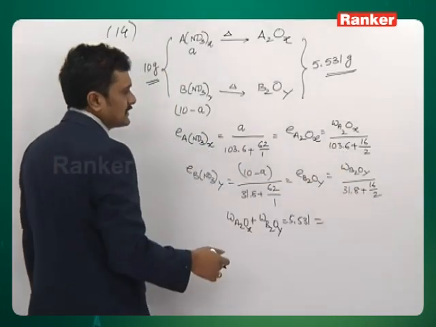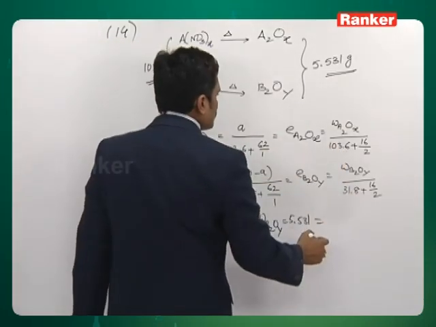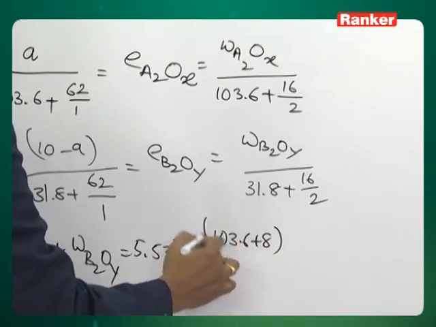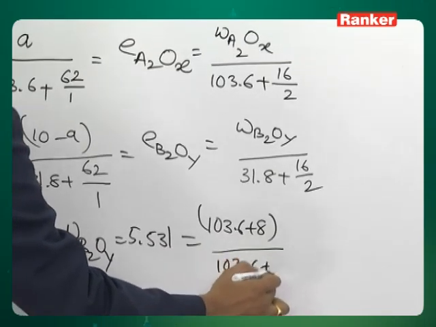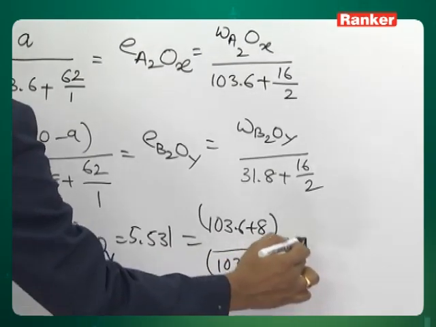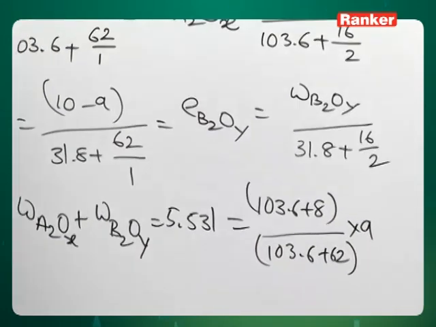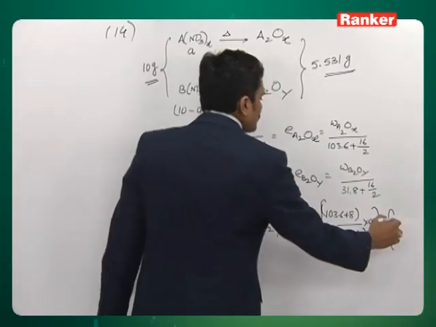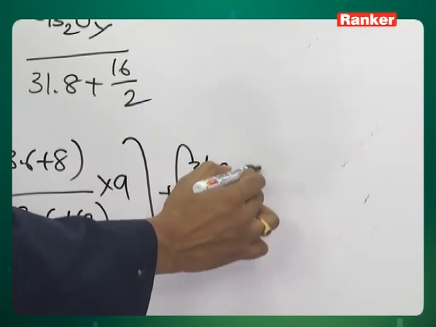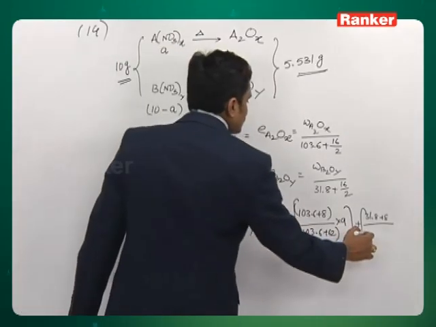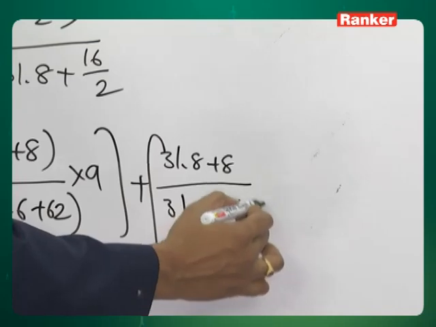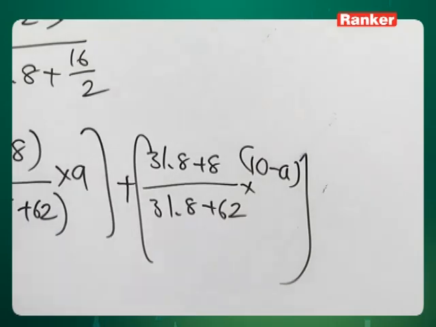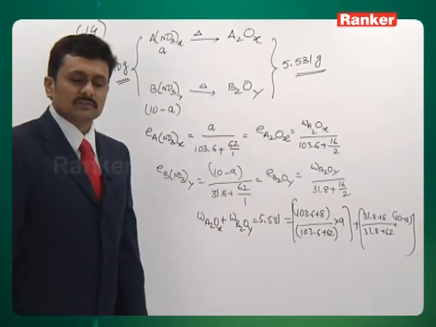Now when I multiply and simplify this, I'll be getting this over there. I can simplify this: 103.6 plus 8 divided by 103.6 plus 62 times A, this is the weight of A2OX, plus the weight of B2OY, you can see, 31.8 plus 8 upon 31.8 plus 62 into 10 minus A. This whole weight is given to us as 5.531 gram.